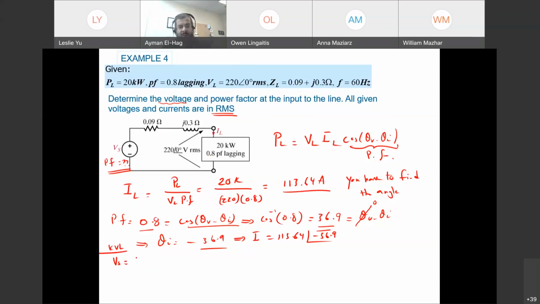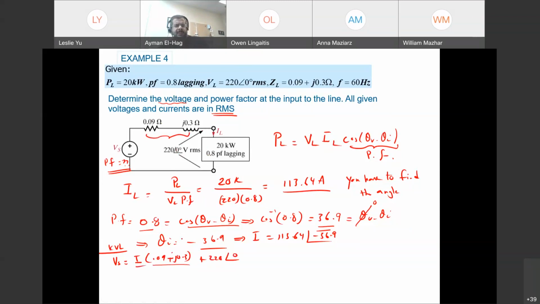So Vs is equal to I times the 0.09 plus j0.3, which is the voltage drop here, I times Z, plus the voltage between these two points, which is 220 angle of 0. So I know the impedance, I know everything.